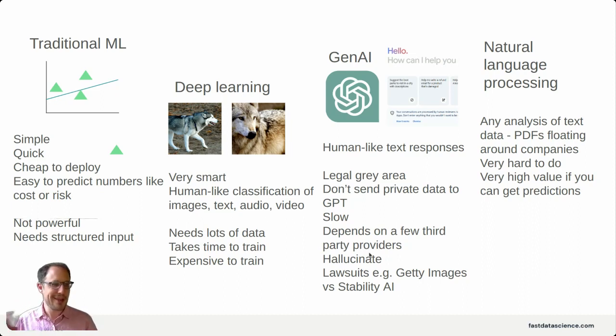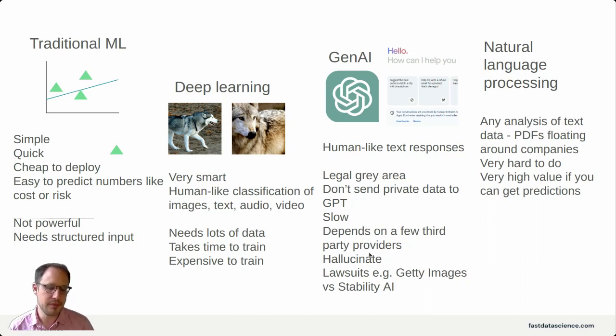If I were to treat that as a separate area from generative AI, obviously there's overlap between all these areas. Natural language processing involves any analysis of text data. So that's often PDFs. Very often, companies have huge amounts of PDFs of clinical research data, of insurance claims, of house inspections, of ship inspections, and so on.